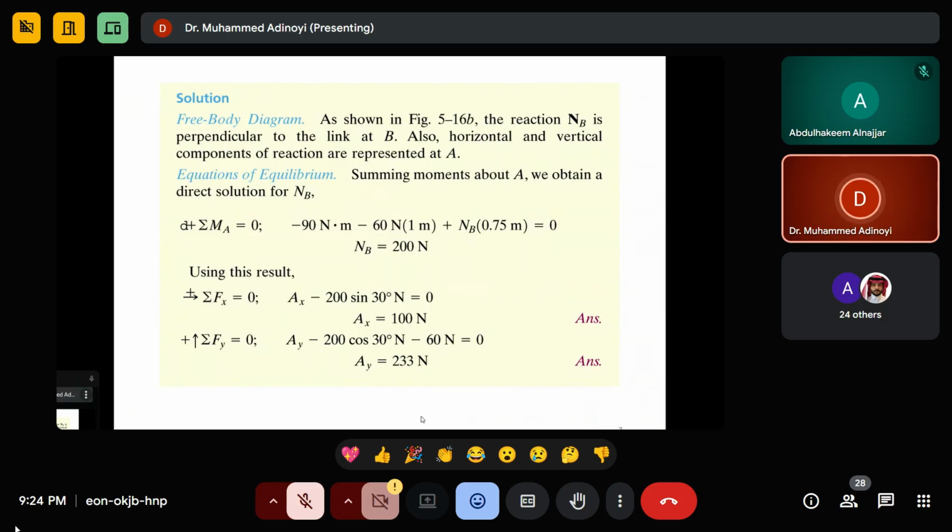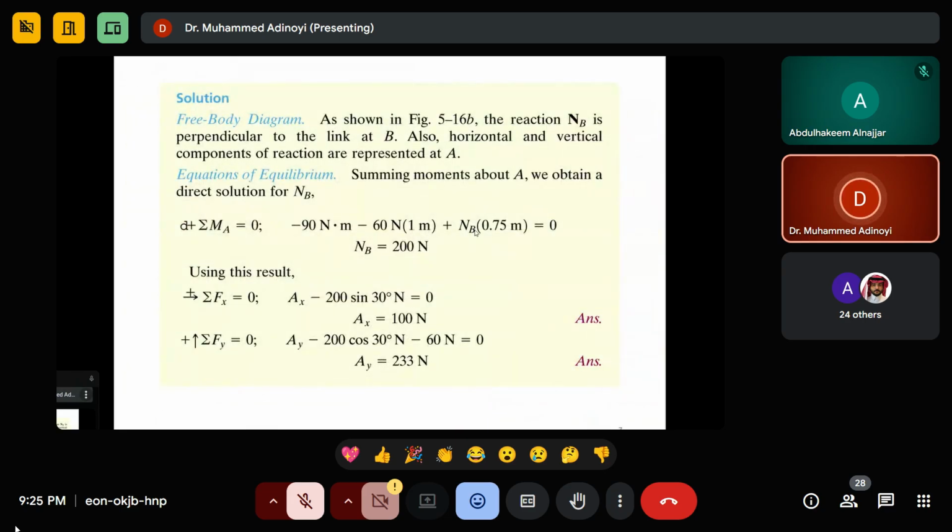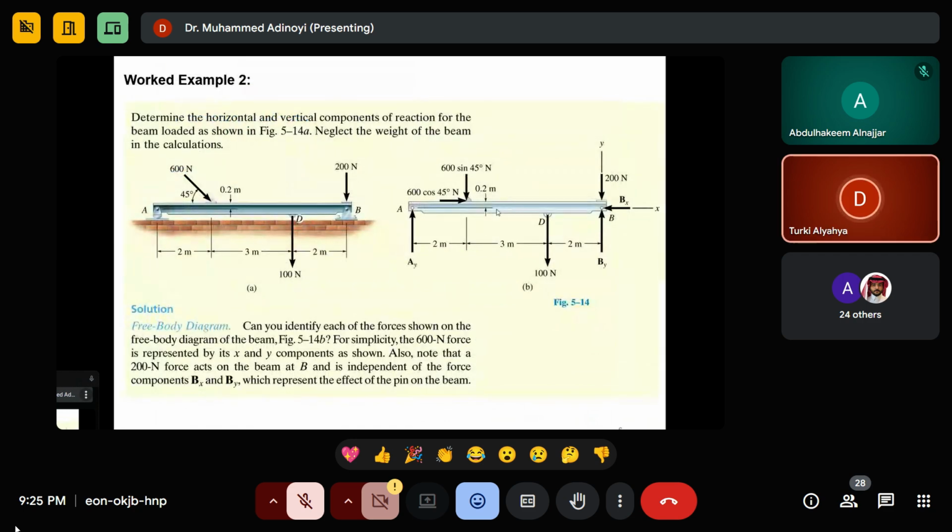In their own case, they take moments about A, which means they are going to have 1, 2, 3, 4 in the equation. Why? Doctor, this slide is wrong, I think.